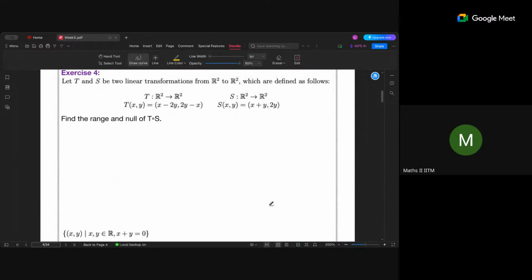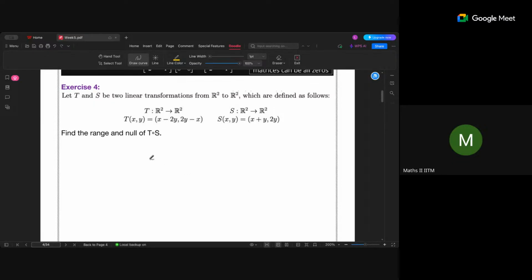Okay, so an exercise for everyone. Those who are sleeping, wake up. Find the range and null of T composition S. For that, first compute T composition S and tell me what is the transformation T composition S. T composition S of x comma y, so you need to find T of S of x comma y.